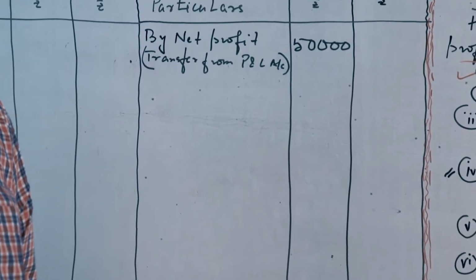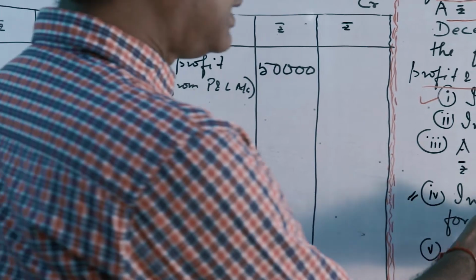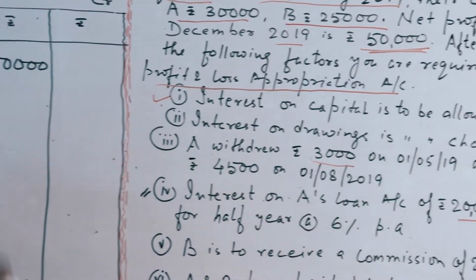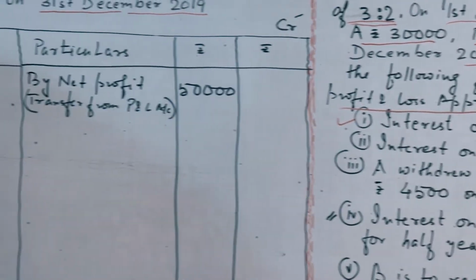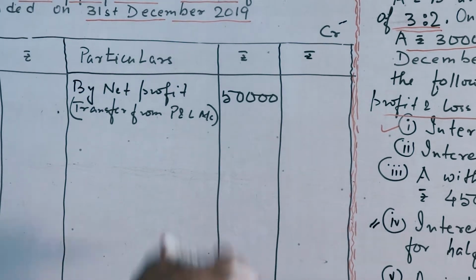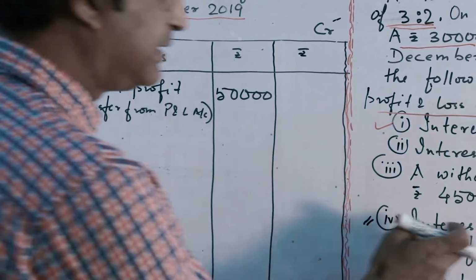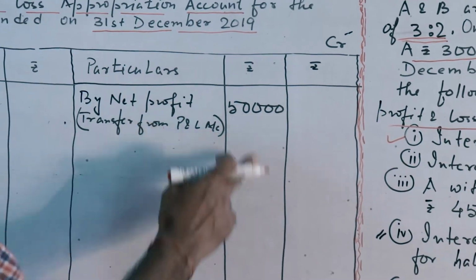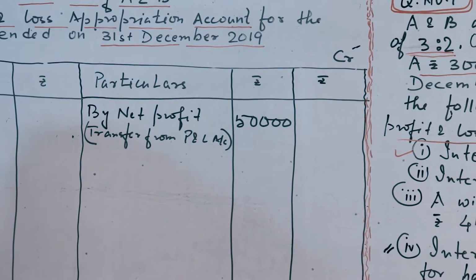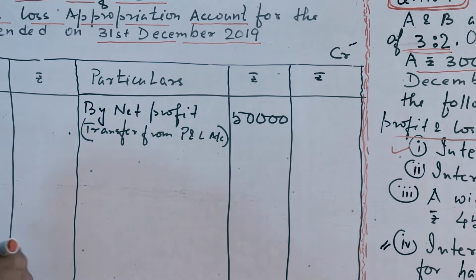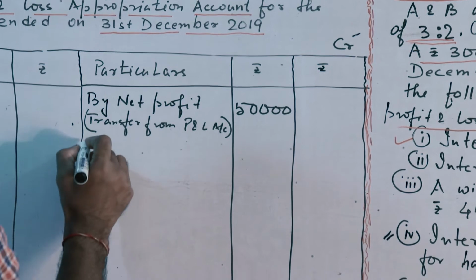It is not an appropriation of profit. That is why interest on loan will be deducted from net profit. To calculate the accurate net profit, interest on partner's loan will be deducted from net profit. So, I am deducting it.